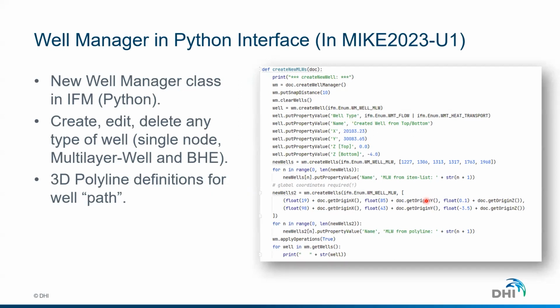It's obviously an approximation if your mesh is quite coarse. So it's recommended to always discretize it first so that the polyline will fit the location of the wells better. I'm going to demonstrate some of these things in the demo.